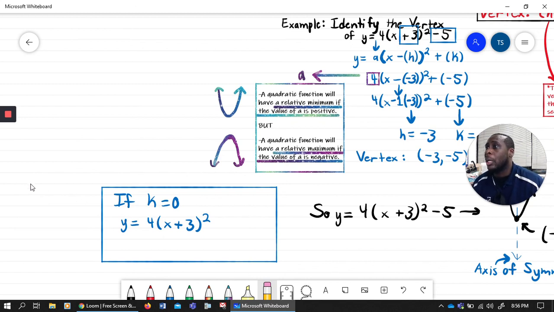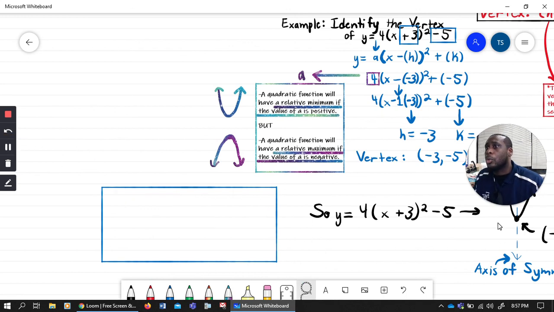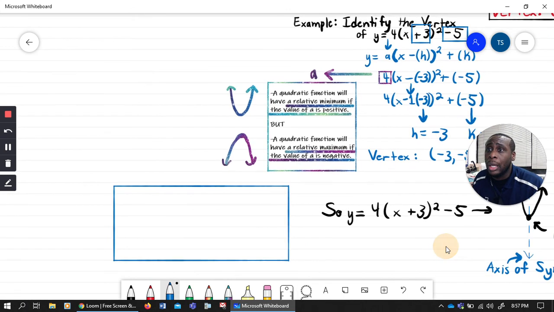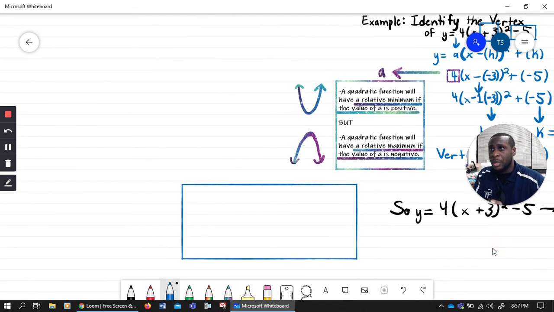All right, so next I'm just going to do real quick how it would look if both h and k were 0. Okay, so if h equals 0 and k equals 0, then it would look a certain way. There we go.